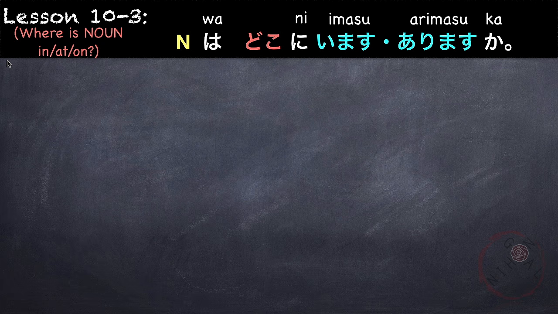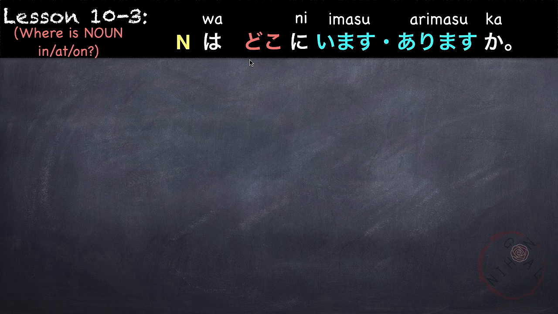Now, moving on, our next pattern is how to say where is noun, in, at, or on. The pattern is wa doko ni imasu or arimasu ka? Again, we use the particle wa because we are more focused on the information that comes after, or where our subject or topic is.